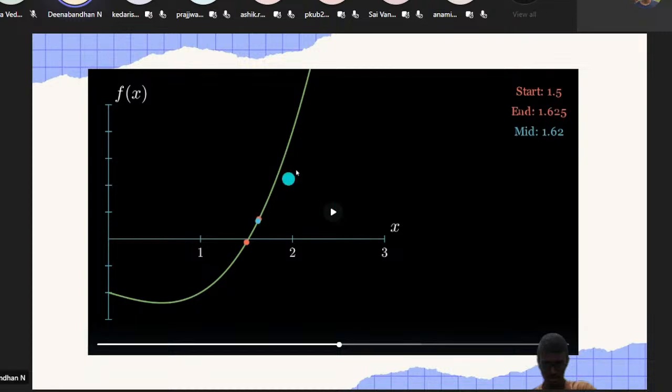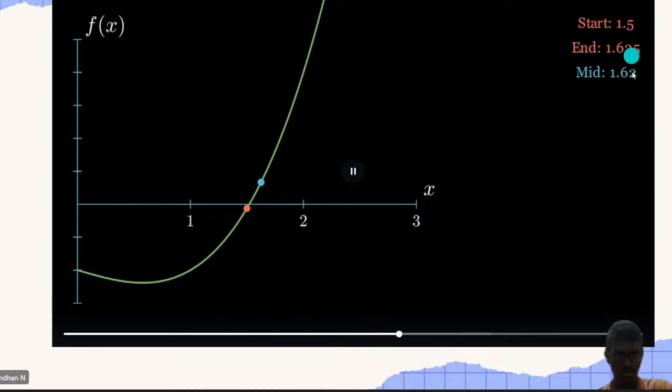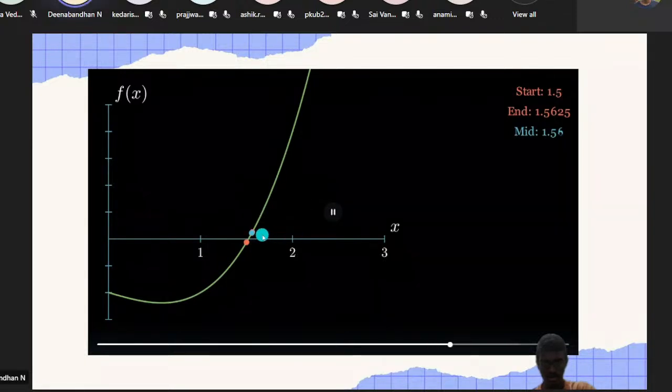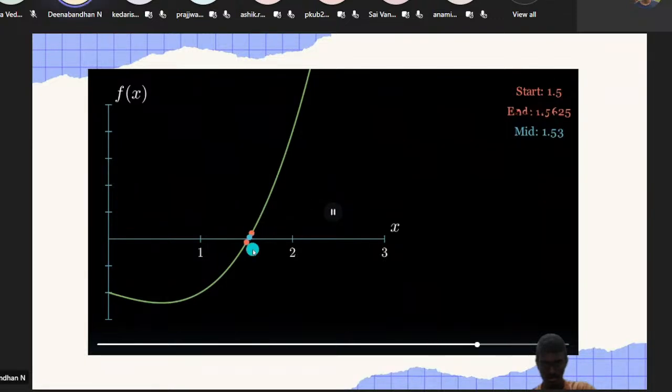As it is positive again, you move the end; the start is 1.625 and the mid becomes somewhere around 1.56. Once again the mid becomes somewhere close here. You can see it just moves closer and closer to the x-axis, and it eventually ends up finding the solution.